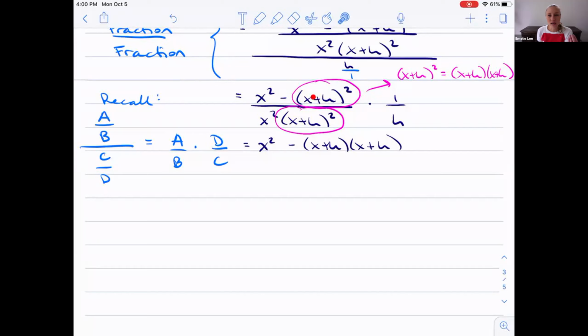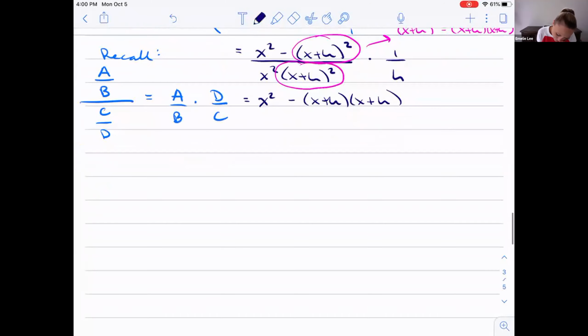So I think what I'll do is expand the numerator out, leave the denominator factored like this, and then multiply by h just to bring it all into one fraction. And I'll write the h out front just so I don't forget about it: h x squared times x plus h squared.